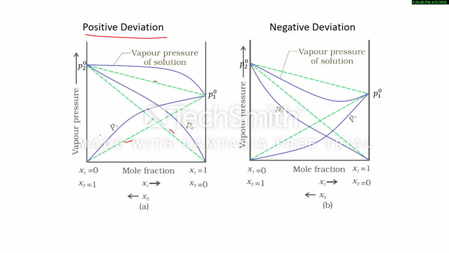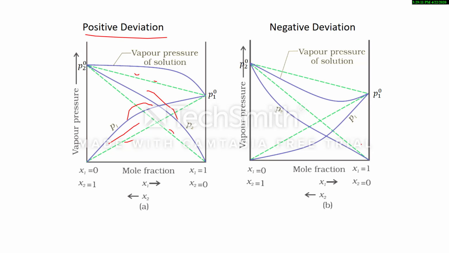If positive deviation is there, then P1 is greater than predicted by Raoult's law. That's why this increases. The same way for component 2, this again increases, and that's why the total vapor pressure will also be more than that predicted by Raoult's law, positive deviation.